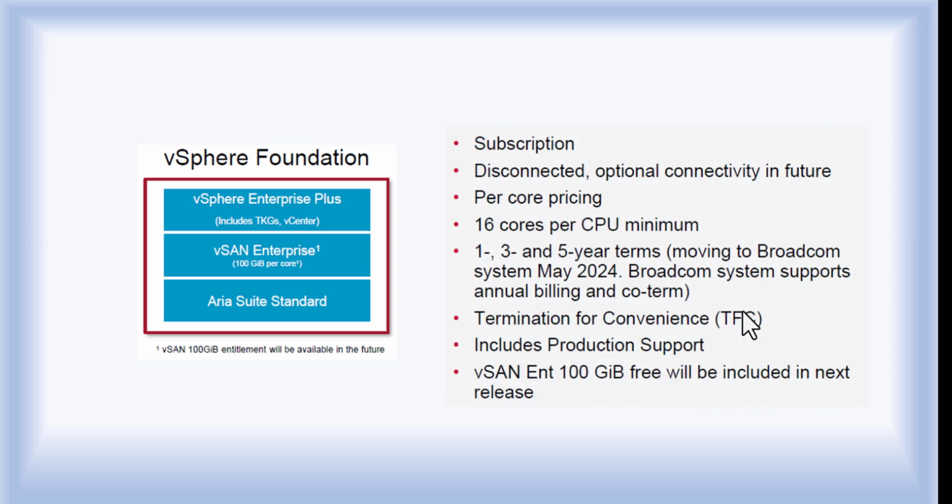Like the previous slides, you have to order the new subscription model, with 16 cores per CPU as the minimum amount. If you'd like to use vSAN in your environment, the first 100 gigabytes is free, but for more you have to calculate how much you need, and then order the needed amount of license for your environment.